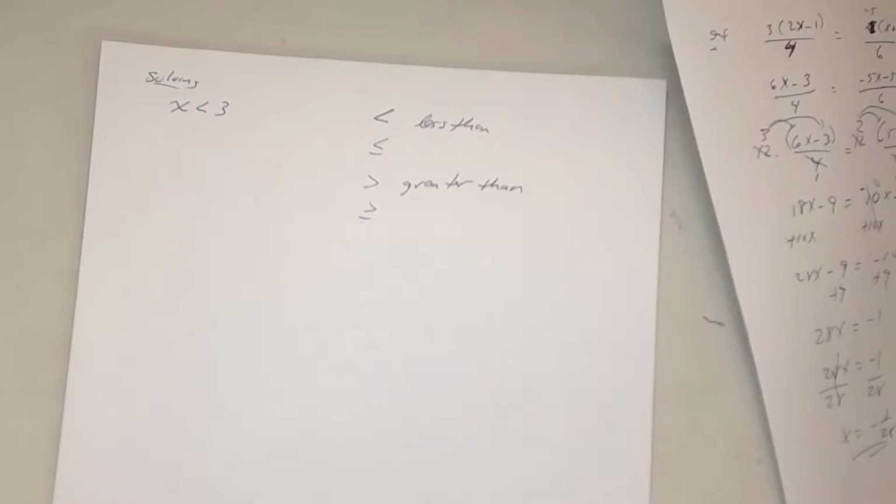Is negative 5 a solution? Yes, because negative 5 is less than 3. Is negative 2.7 a solution? Yes, so it's not just integers. It could be decimals, rational numbers, irrational numbers. Is negative pi a solution? You had pi in high school geometry, it's approximately equal to 3.14.